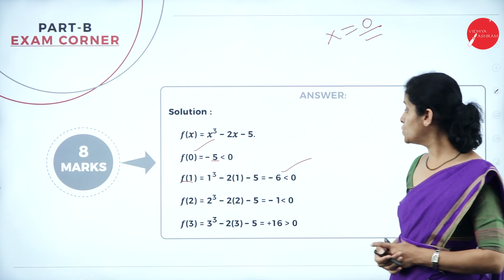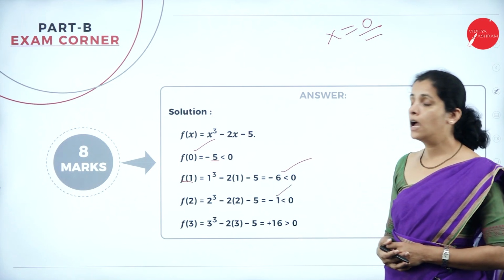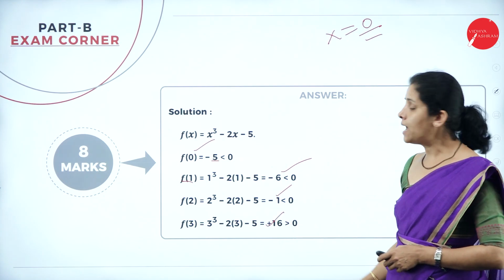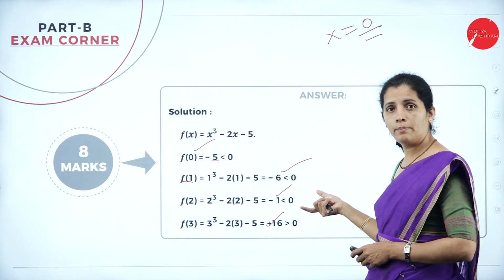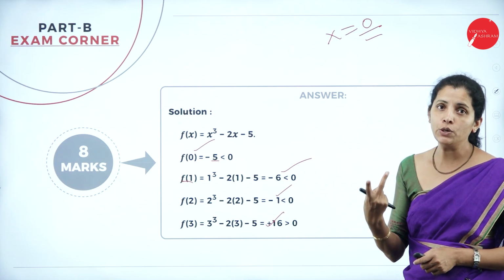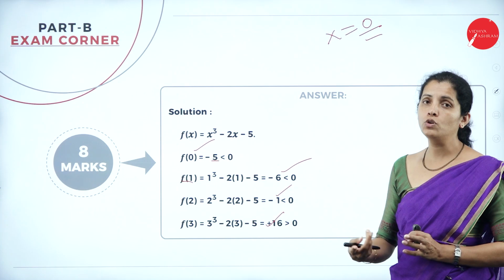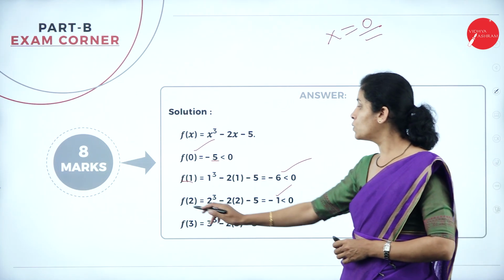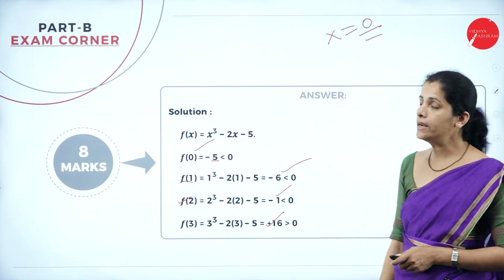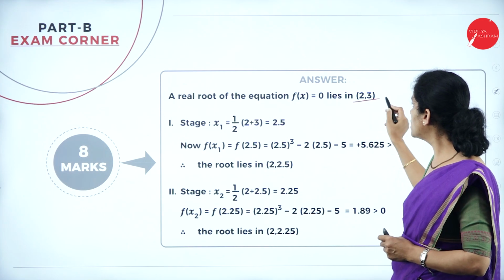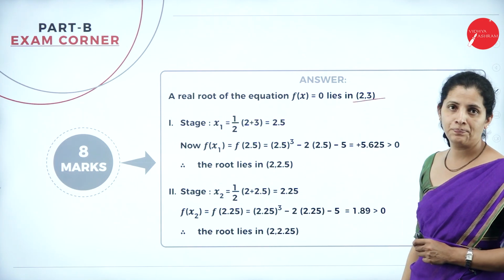When x is 2, I am getting −1. And when x is 3, I am getting 16. I am going to stop the iteration because when I get two alternate signs, I want to stop the procedure. And what is the root? The root lies between 2 and 3.